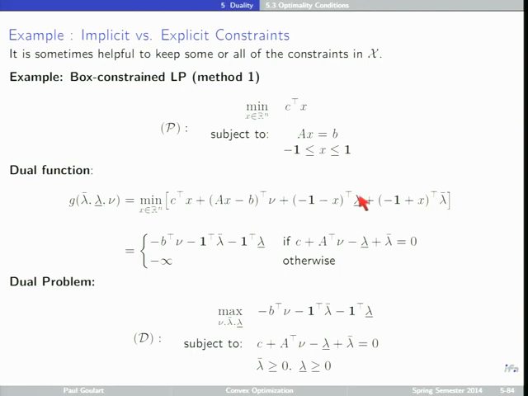So I minimize all of this over x, which means that I should collect up all the terms with x in them. It will be some linear function, and I'll find it's actually this thing times x. And so therefore I conclude that this collection of terms has to be equal to 0, otherwise the dual will be minus infinity. So my dual function is this guy whenever this is true, and it's minus infinity otherwise.